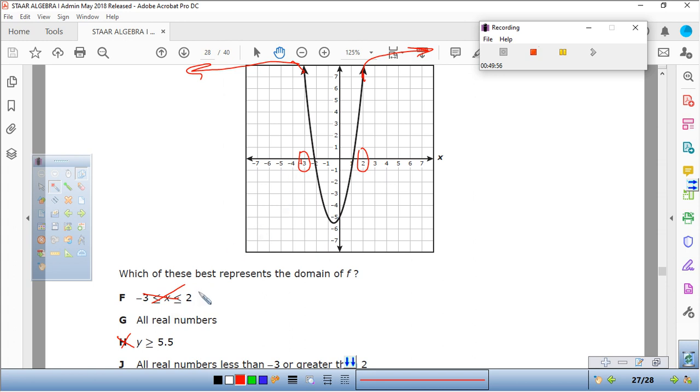Now, this one says all numbers. Any X value I can think of, there's going to be a graph. Now, if this thing goes forever in the negative infinity direction, and this one goes off in the positive infinity direction, I'm liking that one. This one says all real numbers less than -3, so only this way, and greater than 2. This is the graph they're talking about.